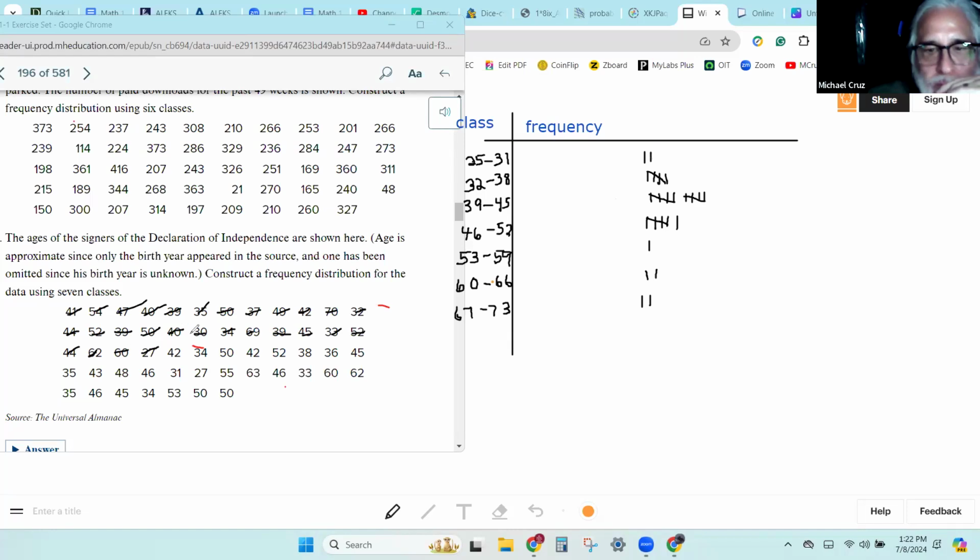27. 42. 34. 50. 42. 52. 38. 36 also goes in that same spot.